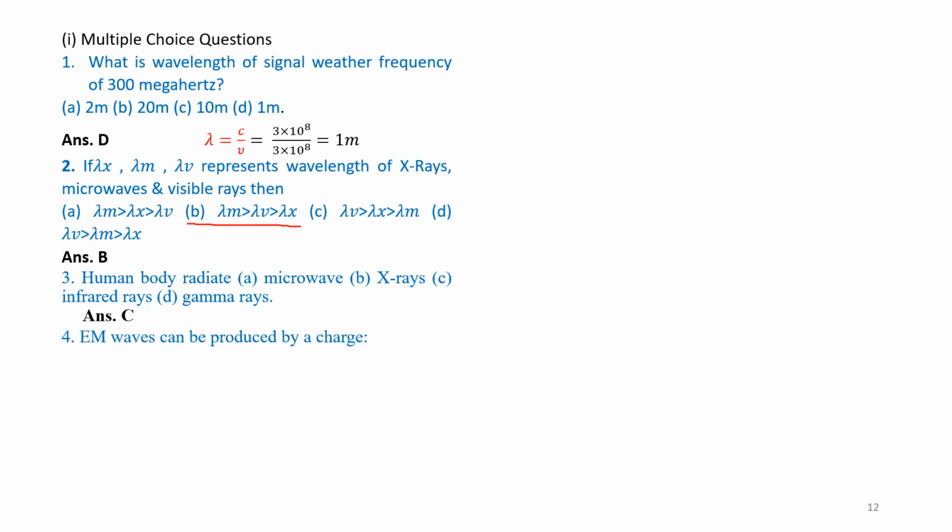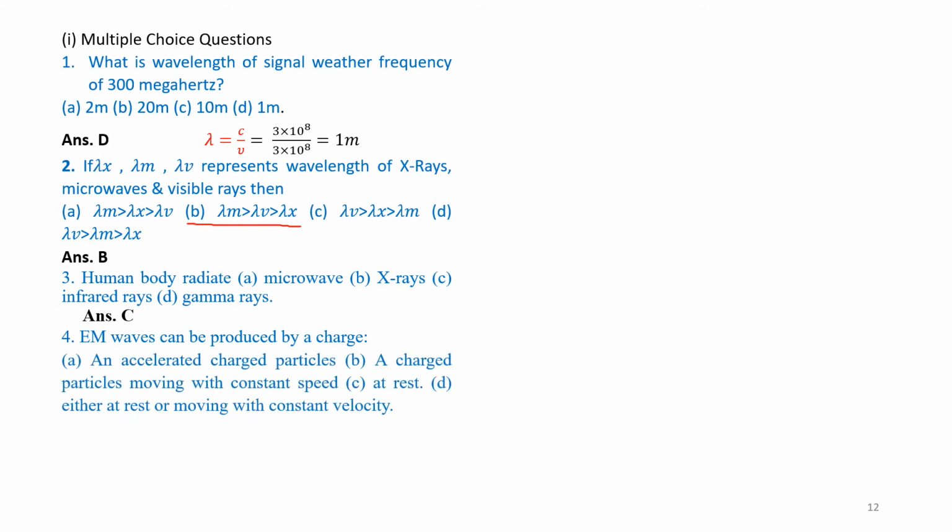Electromagnetic waves can be produced by a charge that is A, accelerated; B, moving with constant speed; C, at rest; or D, either at rest or moving with a constant velocity. The correct answer is that electromagnetic waves are produced by accelerated charged particles. A is the correct answer here.